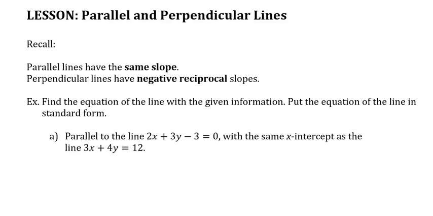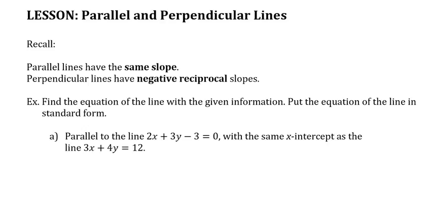We already talked about this, parallel and perpendicular lines. You can start writing down the example if you like. What is true of parallel lines? They have the same slope. It's on Classroom. What is true of perpendicular lines? They have negative reciprocal slopes.